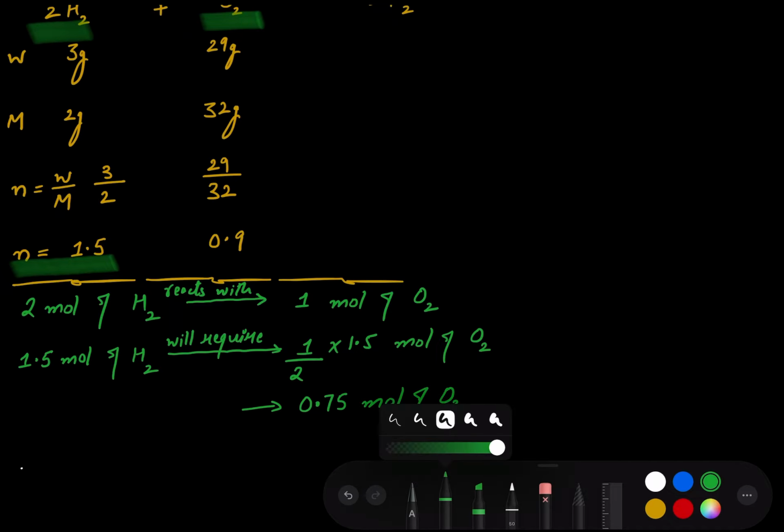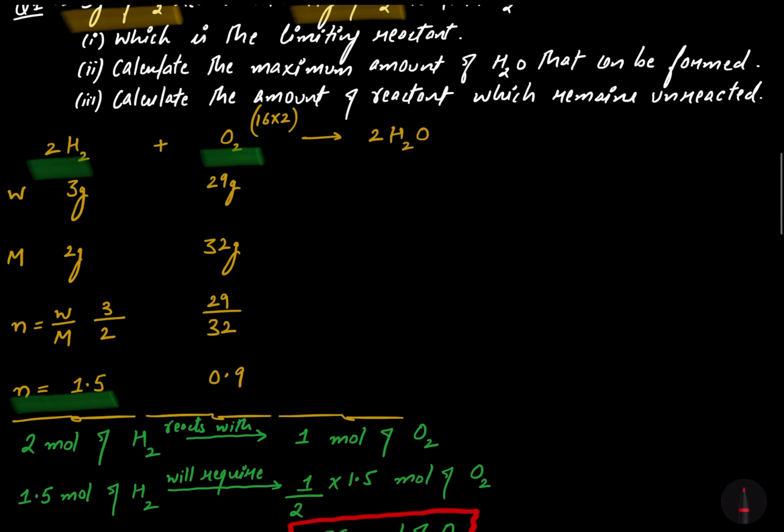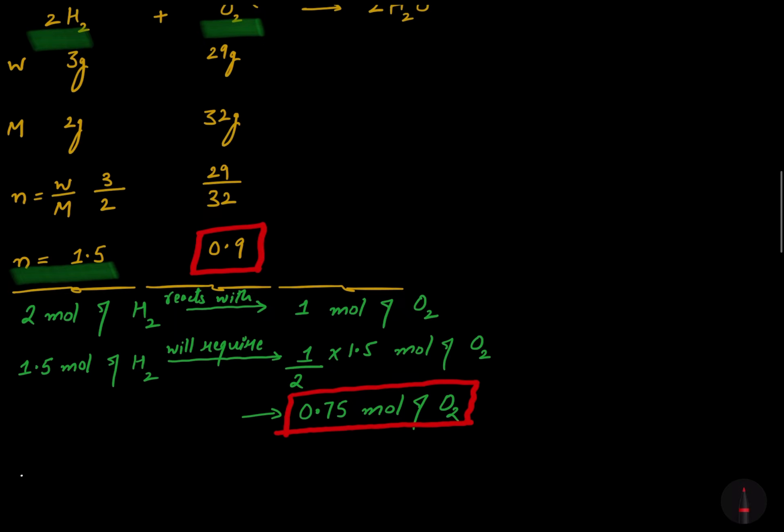Now my dear students, compare this. 1.5 mole of H2 requires 0.75 mole of O2. But in the question, we are given 0.9 mole of oxygen. We required 0.75, but we have 0.9 mole of oxygen. That means in the given quantities, we have an excess of oxygen.